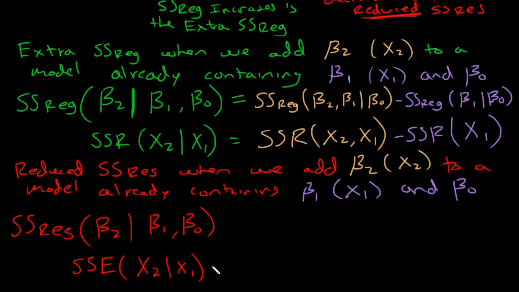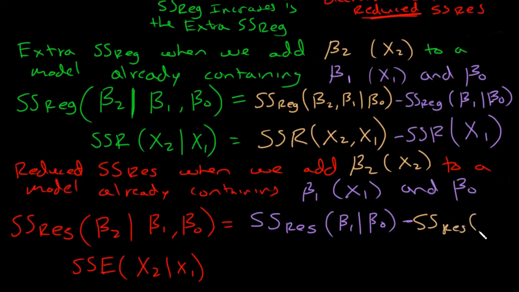Same thing. This is going to equal the amount that you decrease. So remember, which model has the bigger residual? The bigger residual is going to come from the smaller model. So this would be SS residual for your small model minus SS residual for the bigger model. The bigger model should have the smaller residuals.